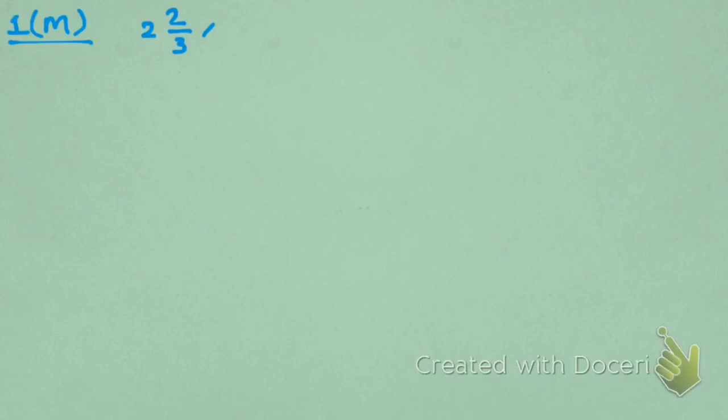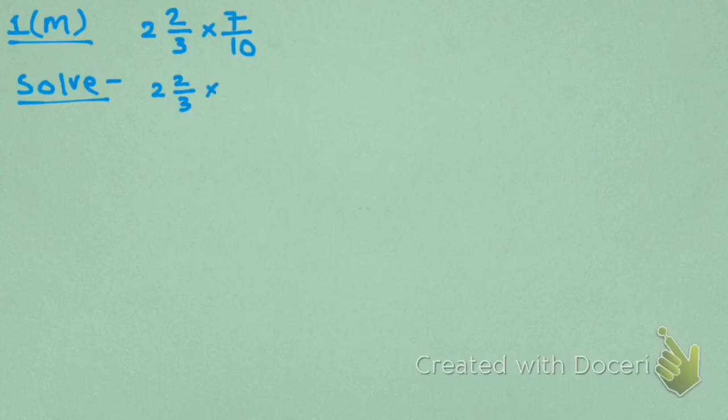1M, 2 upon 3 into 7 upon 10. Let's first convert this mixed fraction into proper fraction. Okay, first write question here. So 3 into 2 is 6 plus 2 upon 3 into 7 upon 10.